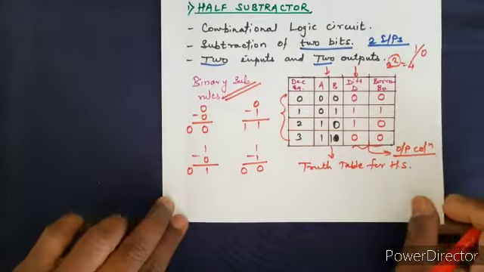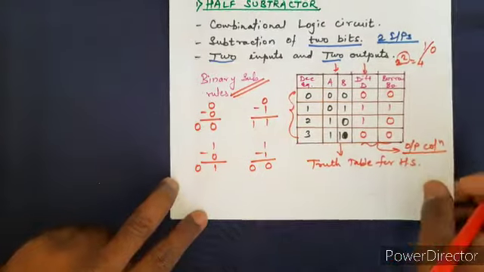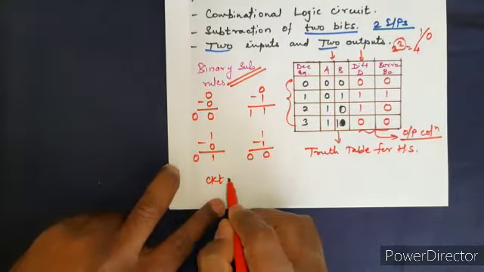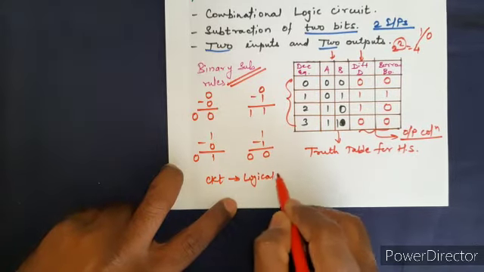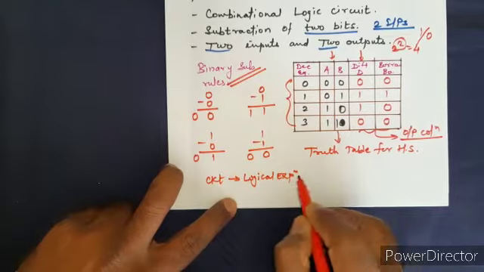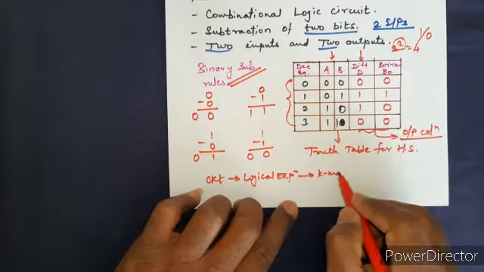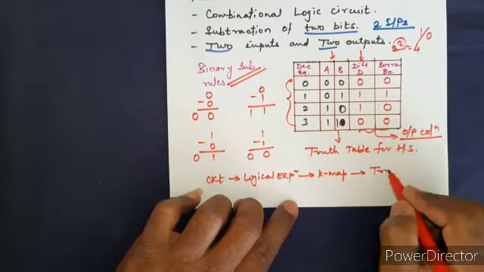Okay, so just to recall yesterday, if we want to draw the circuit, for that we need a logical expression. And this logical expression can be taken from K-map, and this K-map can be taken from the truth table.